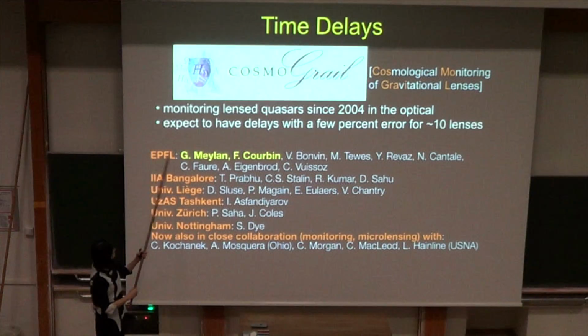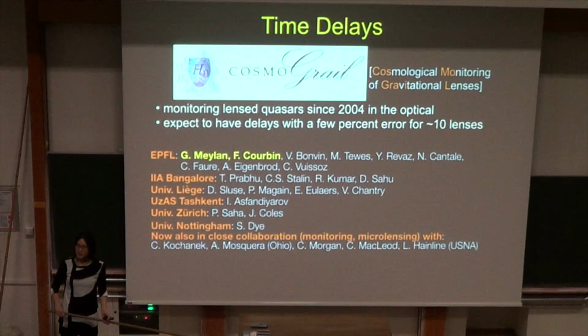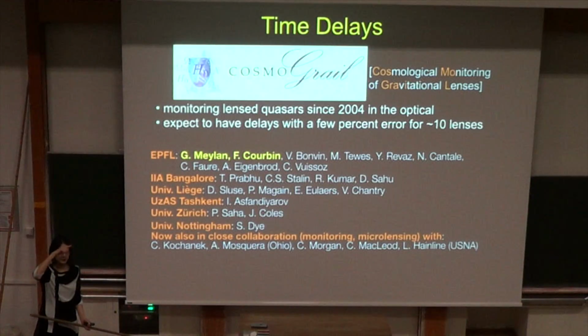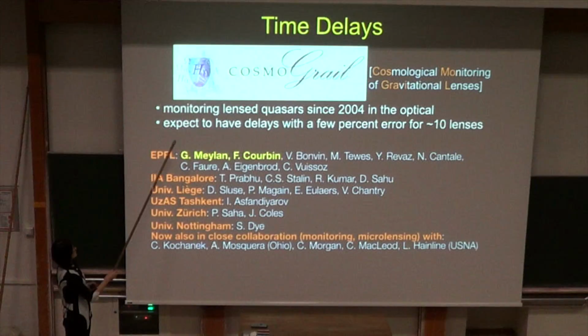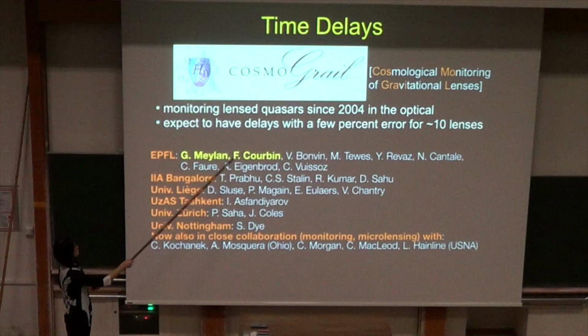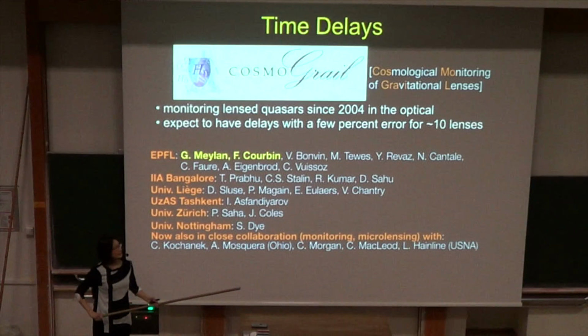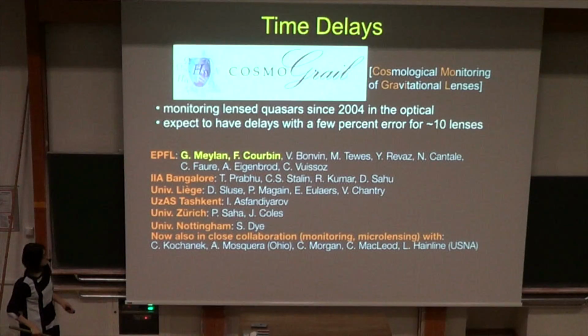The collaboration has been using a network of small optical telescopes across the globe to monitor these flickering patterns of the quasar images. They've been doing it since 2004, so for over a decade now. And the expectation is to get time delays with a few percent uncertainty for about 10 lens systems.